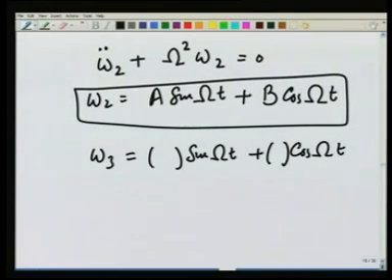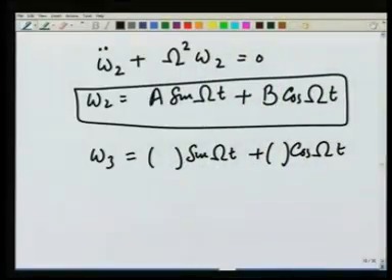Again, using the fact that I1 is the smallest of the moment of inertias, and therefore, if I give it a spin about axis 1, omega 2 and omega 3 would change slightly, they will change periodically. So, it will shake a bit, but it will move with constant angular speed about axis 1.